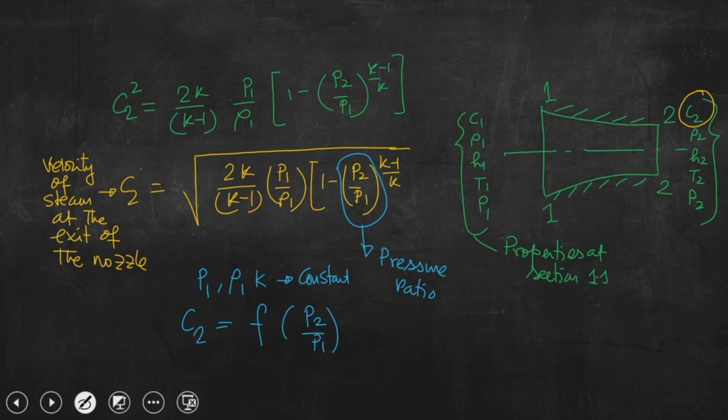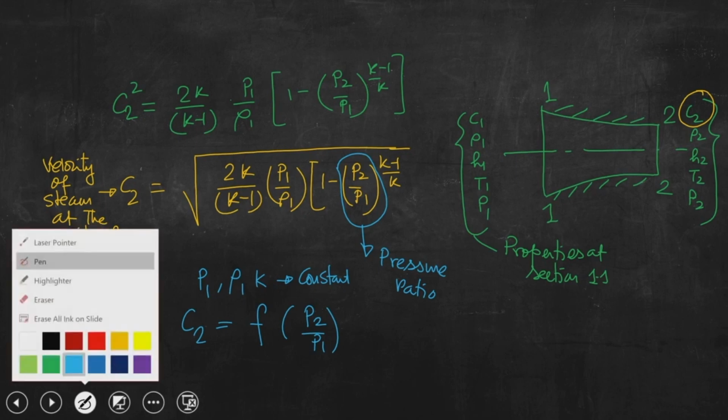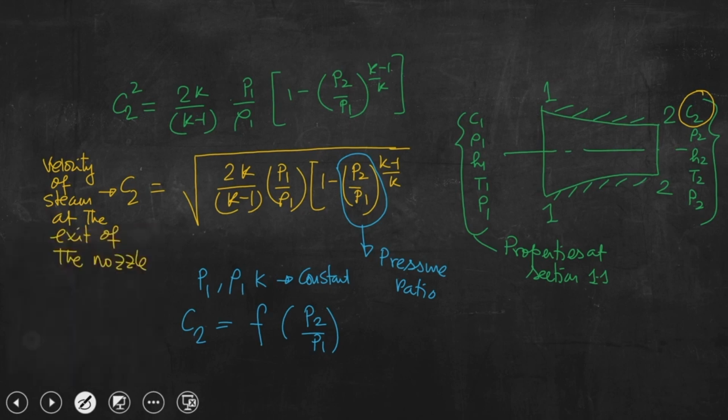If we increase the kinetic energy of the jet, and deflect that jet when it strikes the turbine blade, we can have higher momentum change, and that momentum will be absorbed by the rotor of the turbine wheel, and from there we can get work output.